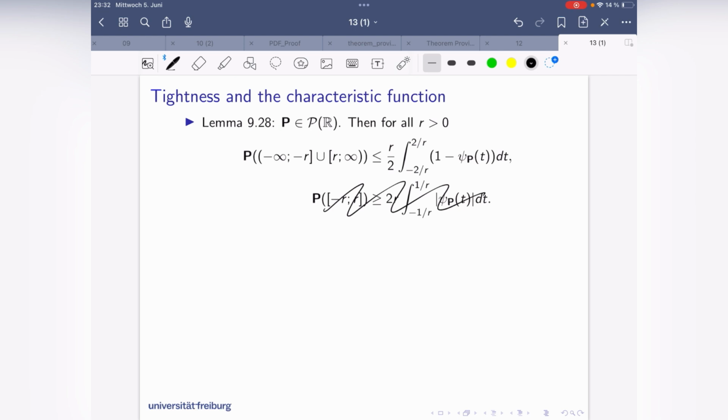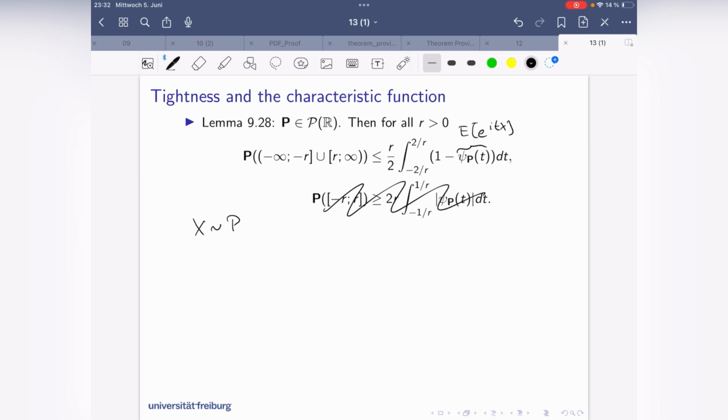Yeah, so take any positive c and take some X which has distribution P, such that we can write that this here is the expectation of e to the itX.